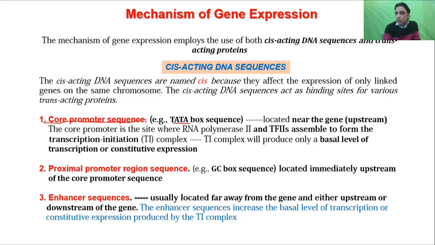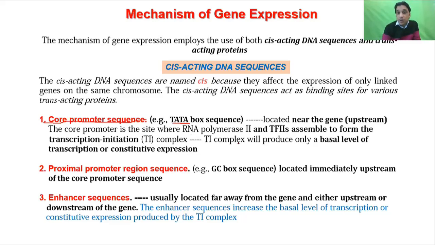It's typically located near the gene. Upstream means upside of the gene. Downstream means just beneath the gene. And you need to remember the direction of transcription, okay? Upstream means upside of the direction of transcription. Downstream means after, or towards the other side of, the direction of transcription.